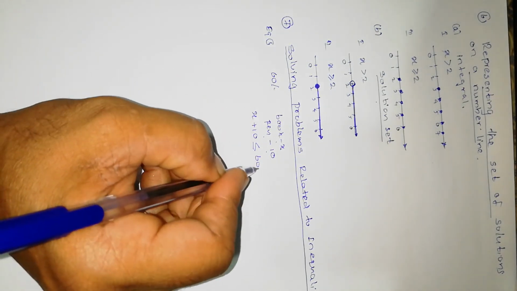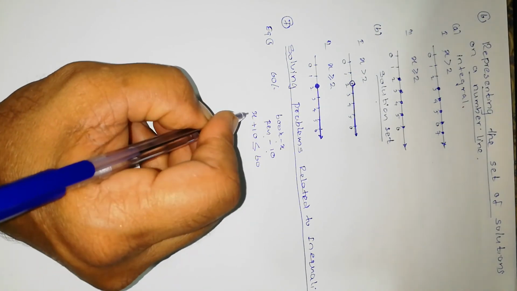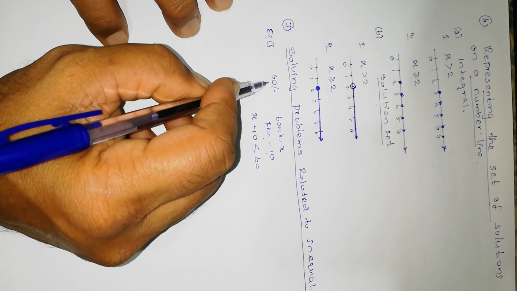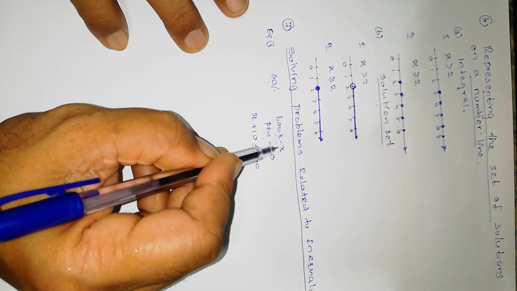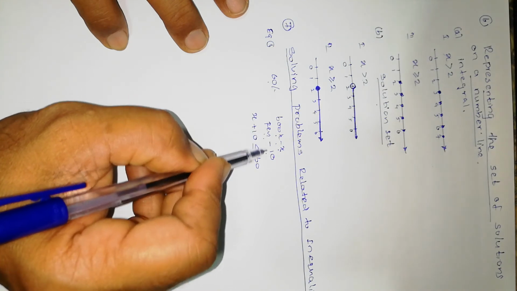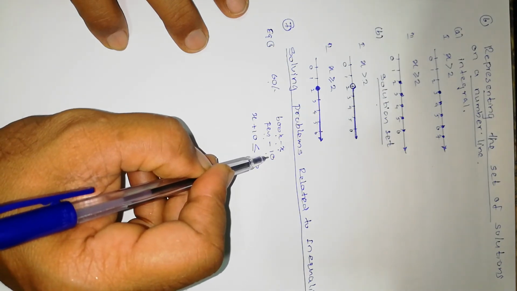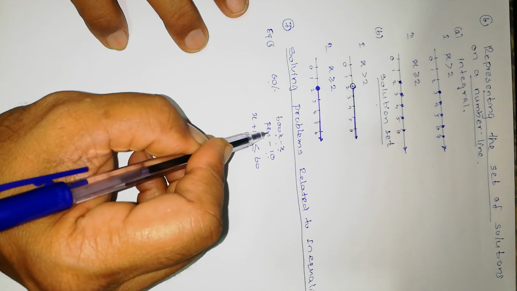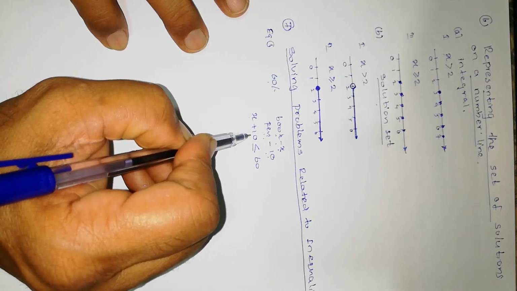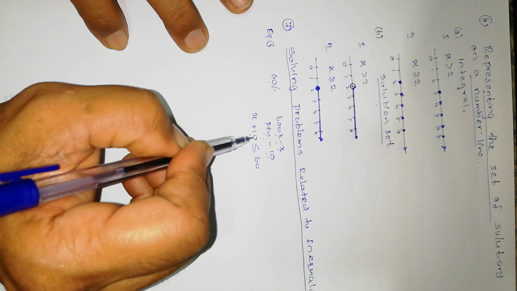See, in this grade, children, you will be given the inequality. The total amount that he has is 60. One book costs x rupees and one pen costs 10 rupees. Then the total cost of a book and pen is x plus 10, right? The money he had is enough to buy these two.